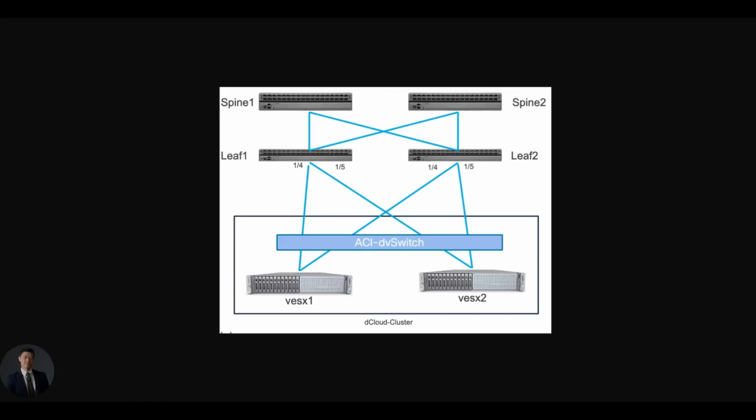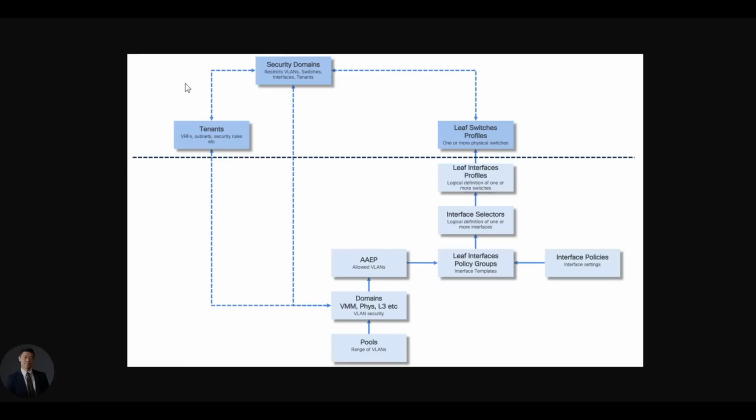The APIC then controls the new distributed switch, allowing dynamic creation of new port groups for their associated VLANs. This is known as a VMM domain. ACI will use a template approach to interface configuration, which provides network administrators with a consistent configuration of switch interfaces.